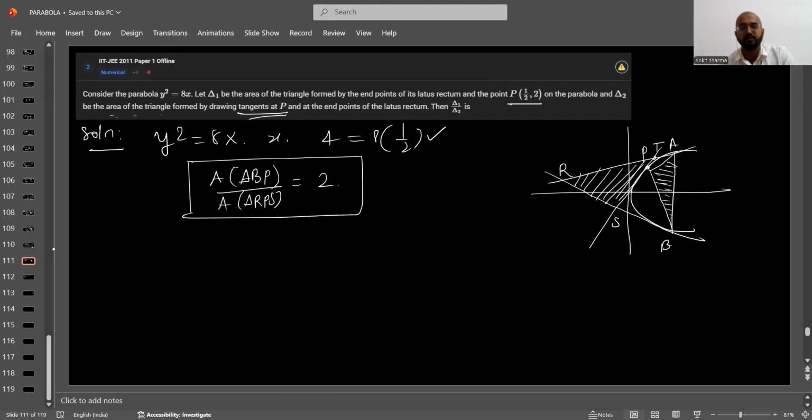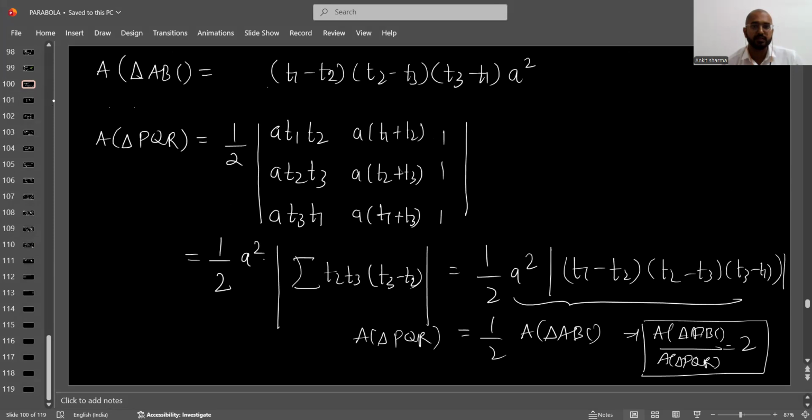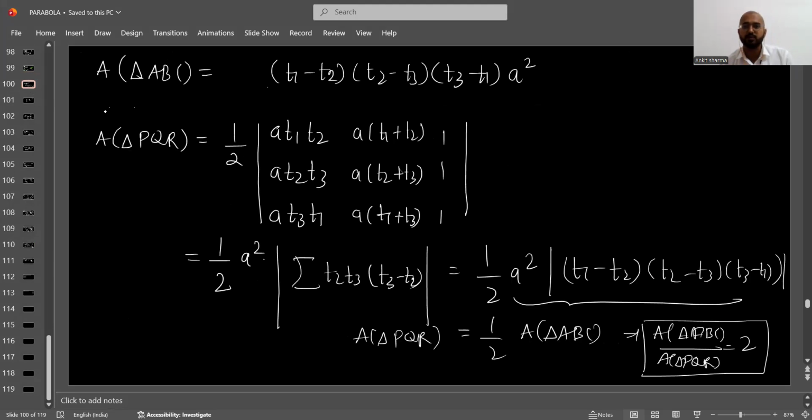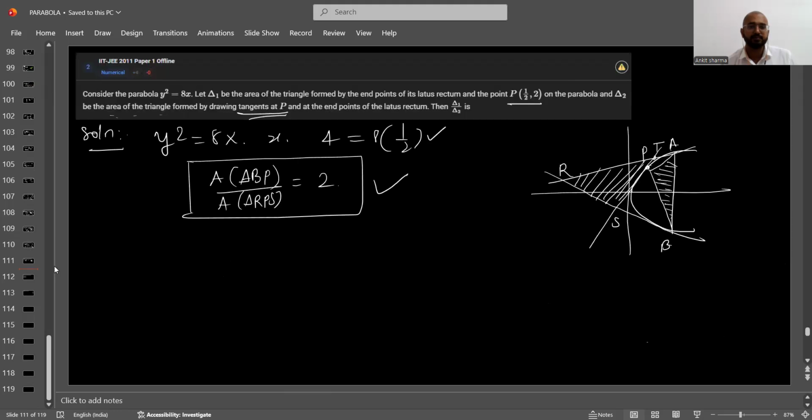This we have seen by the property in the last class. I'm solving this problem using this result, that the area of this triangle over this triangle turns out to be 2. So we have used this property to solve this problem.